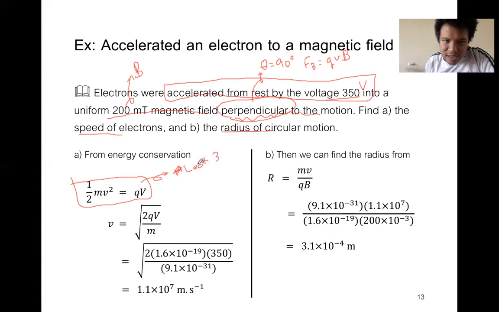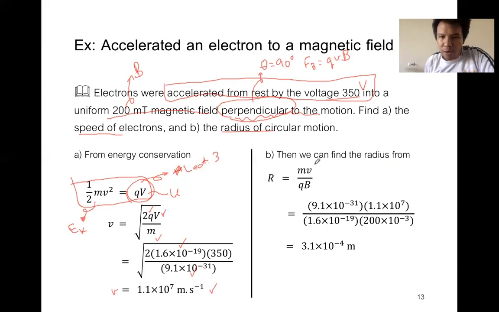From lecture 3, we use the electric potential energy, U, and the potential energy will be changed into kinetic energy of the particle, or of the electron. Then we can find the speed, because we know the charge of the electron, we know the mass of the electron, and we are given the volt, so we are able to find the speed.